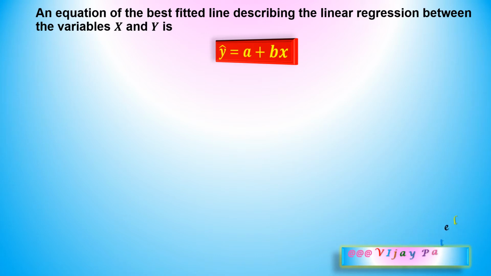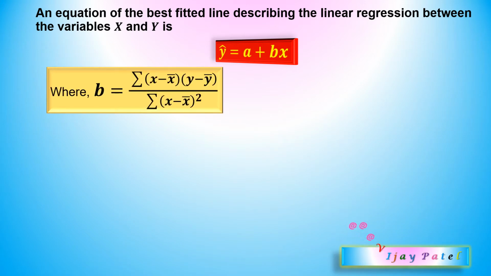Here first we have to find b. So how can you find b? First formula: b is equal to sigma x minus x bar into y minus y bar whole divided by sigma x minus x bar whole square. This formula can be used when x bar and y bar both are integers. We have discussed this in chapter number 2.